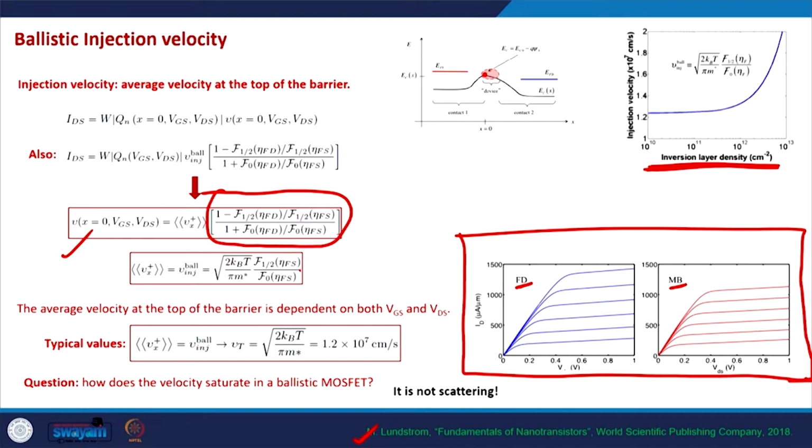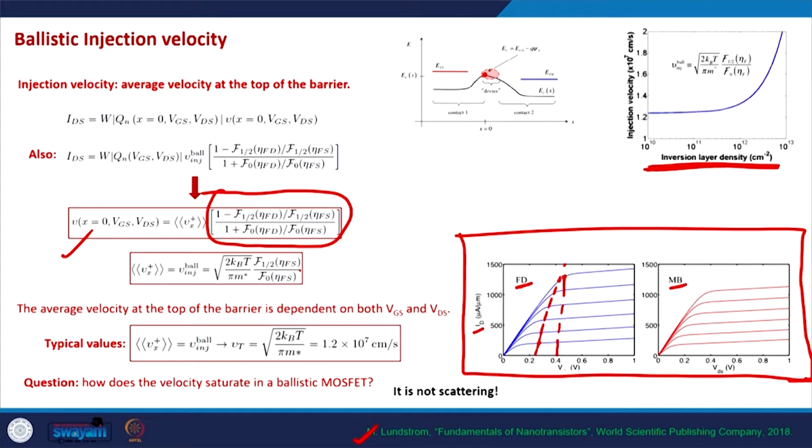And as you can see, the current is saturating after a certain drain voltage. For low gate voltages it starts from 0.25 to 0.3 volts, but typically when the gate voltage is also high, it starts from 0.4 volts and above.